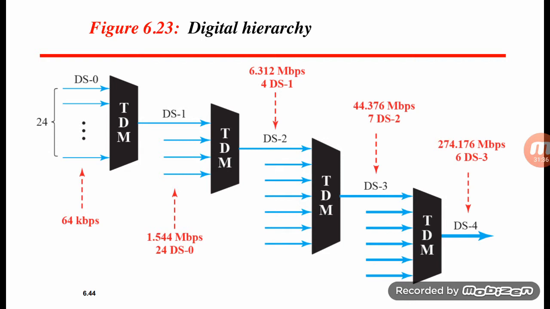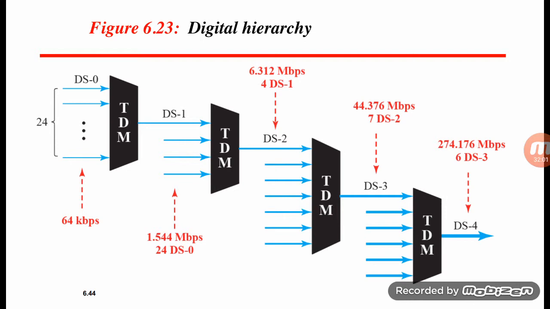Now you see here, each individual line is called DS0, and there are 24 such lines. The speed of each line is 64 kilobits per second. When you combine them using TDM, it is called DS1, and the speed of DS1 is 1.544 megabits per second.